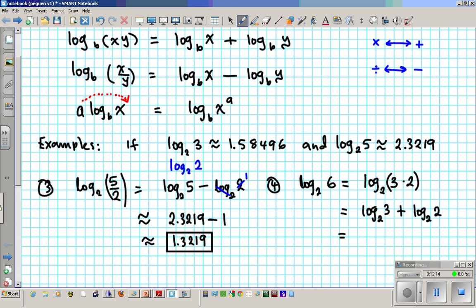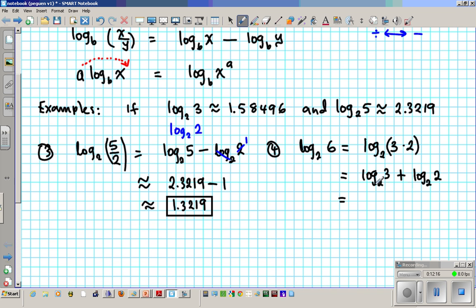Now we're going to start using the approximate values. Log base 2 of 3 is 1.58496 plus, these two are the same so they cancel out, so it's just 1. Our final answer is approximately 2.58496.